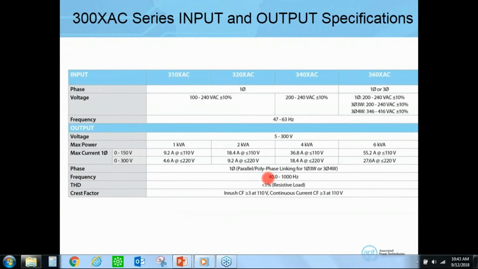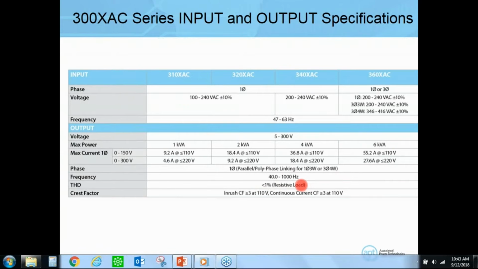Frequency output, this is another important thing. We're able to generate anywhere from 40 hertz to 1,000 hertz. So if your application requires 800 hertz, you don't have to go out and look for some frequency generator, because you have the source that's capable of driving this kind of voltage and current at these frequencies. We mentioned THD, less than 1% is ideal.